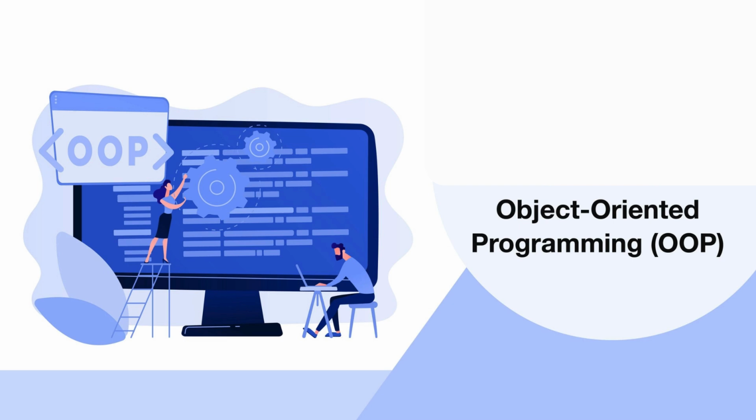By using objects and classes, object-oriented programming enhances code maintainability and scalability. It allows for the creation of complex software systems that are easier to understand and debug. The paradigm also encourages the reuse of existing code, reducing redundancy and effort.